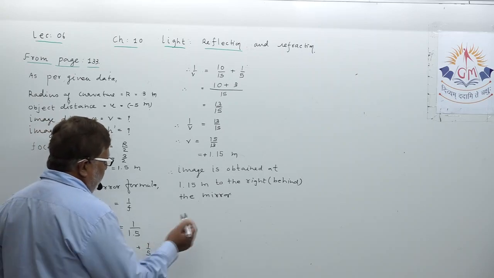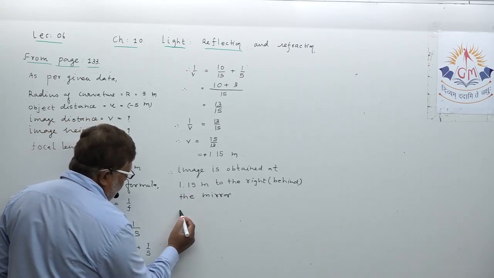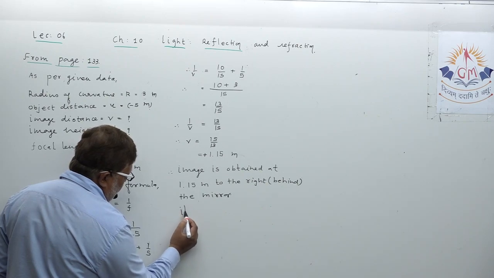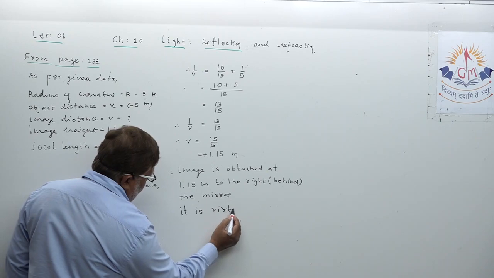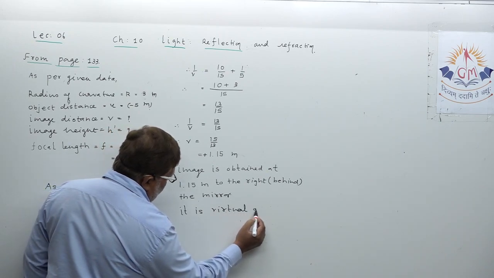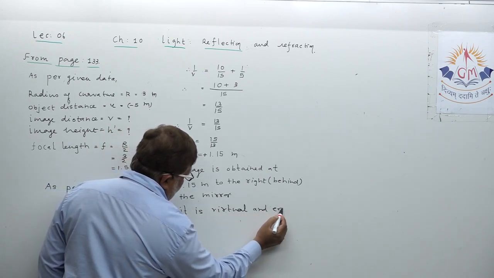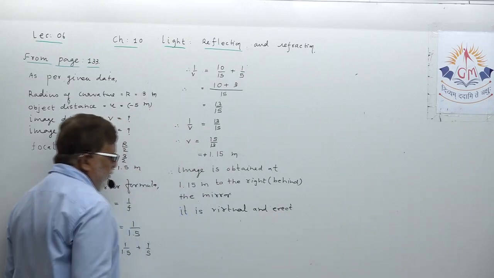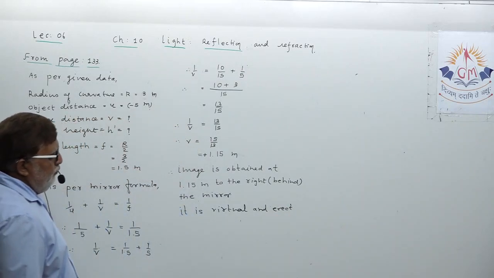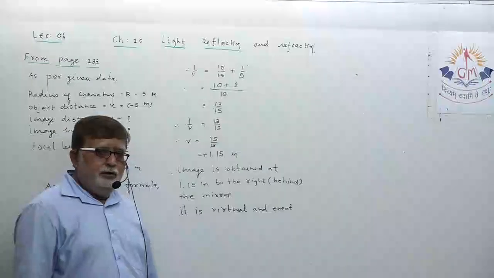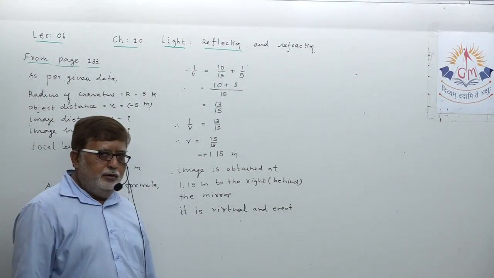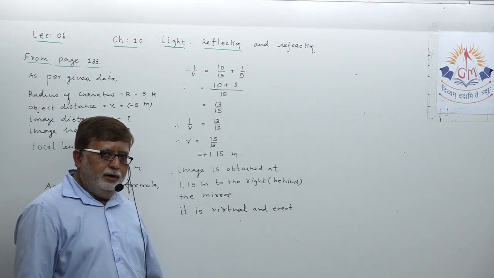And because V is positive, what you will write about the image? It is virtual and erect.